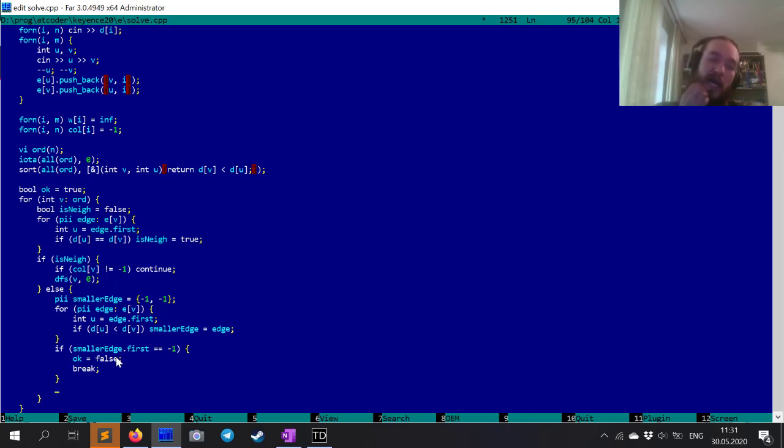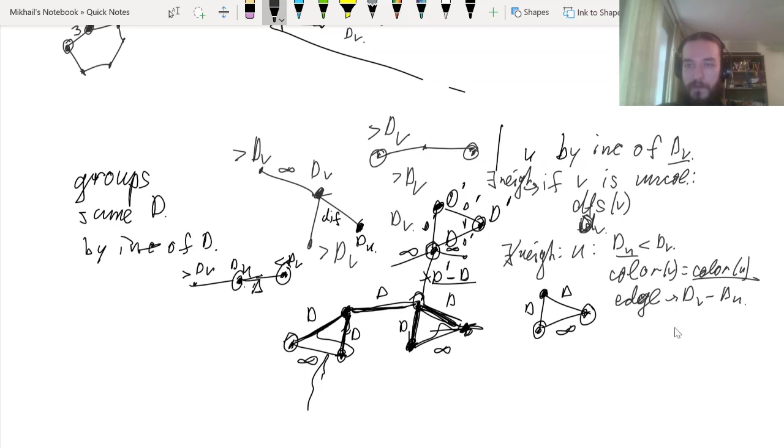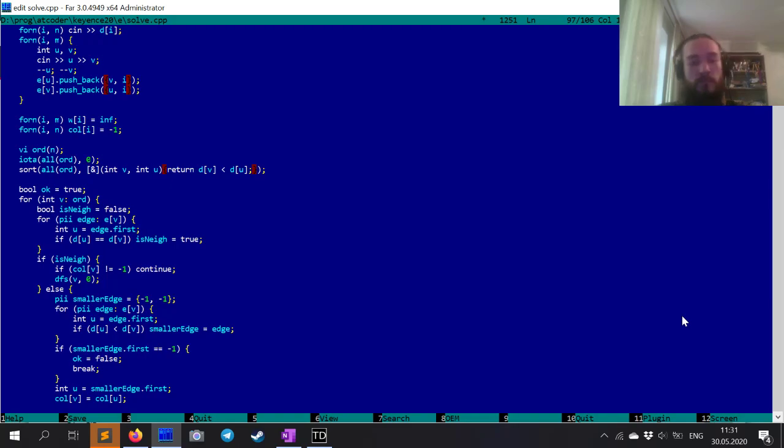Otherwise, we take this smaller edge, and let's say that its other end is u. So we have to copy the color from this guy, right? So we follow this part here. We copy the color, and the weight of the edge is the difference.